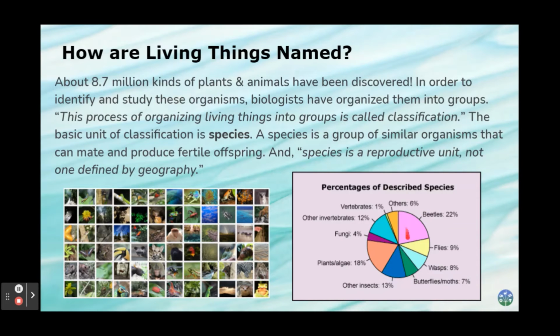As you can see in this pie chart, vertebrates are animals with a backbone, and we are vertebrates, and we make up only 1% of the population, while creatures that don't have backbones, like beetles, flies, wasps, make up about 50% of it. So shocking, right? And then the other thing that popped out is others. Others are things that haven't been classified yet. And there's even more that haven't been classified than vertebrate animals that have been classified already. So it's pretty cool to see that kind of graph.